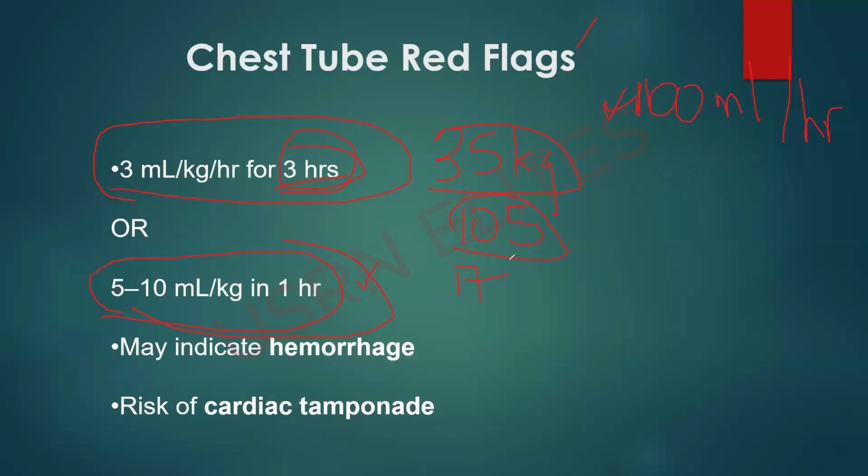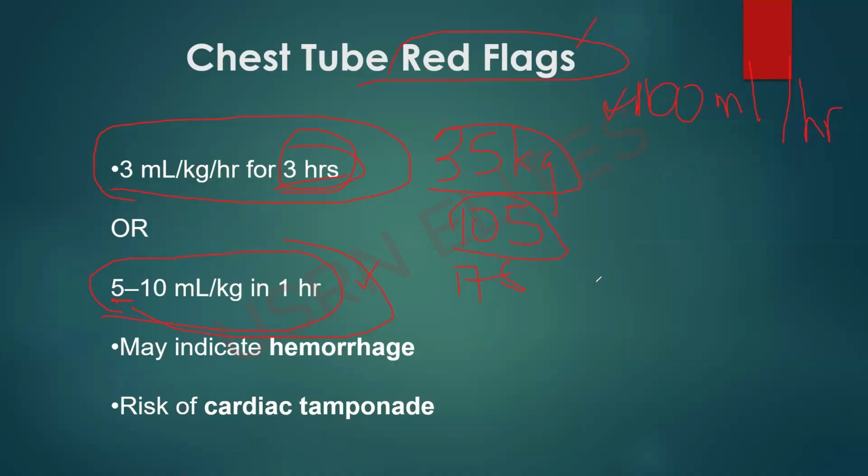175. So you see, we are saying 5 to 10. Remember, we are saying it's a red flag. Even from its lowest boundary within this range, it's already a red flag.